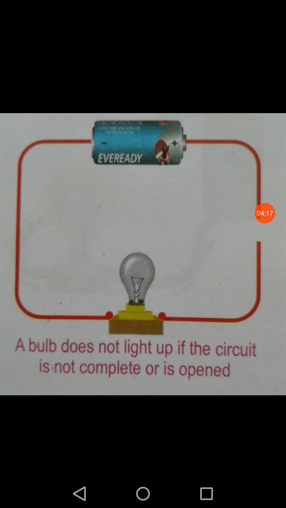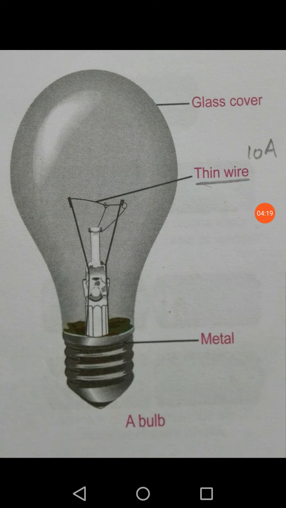How does the bulb glow? I have mentioned it in 10a. It is your question also. Through the thin metal wire in the bulb, electricity flows and the bulb lights up.